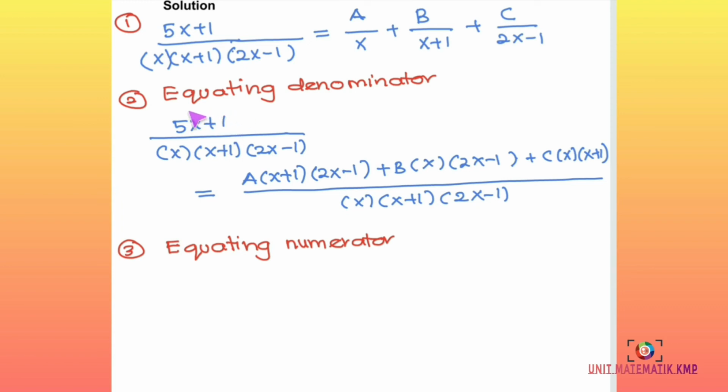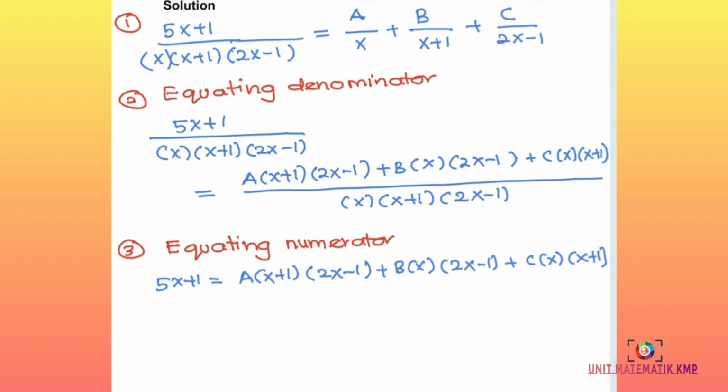Our numerator on the left hand side is 5x plus 1, and the numerator on the right hand side... Equating, we have 5x plus 1 is equal to A times (x plus 1) times (2x minus 1), plus B times x times (2x minus 1), plus C times x times (x plus 1).